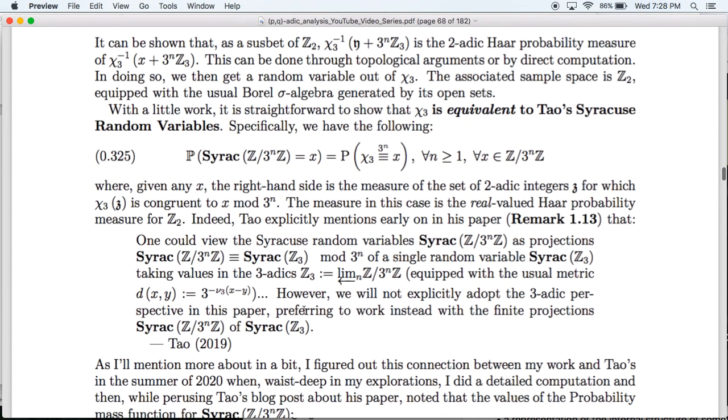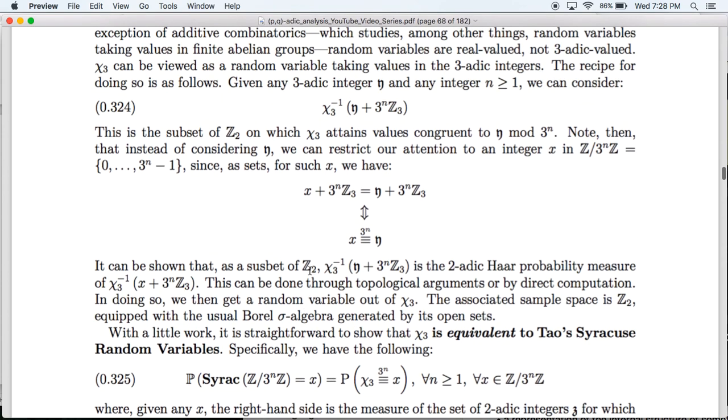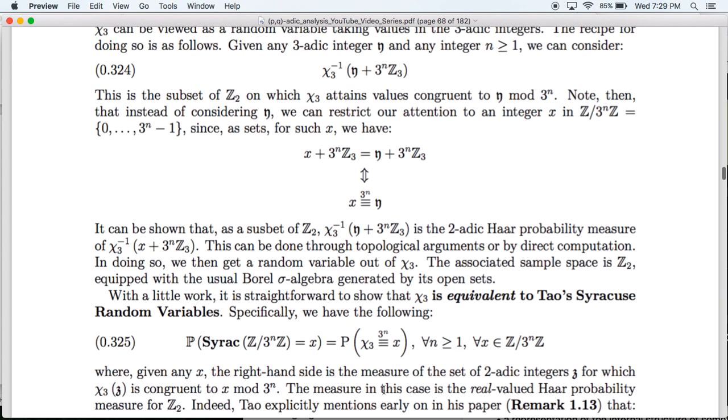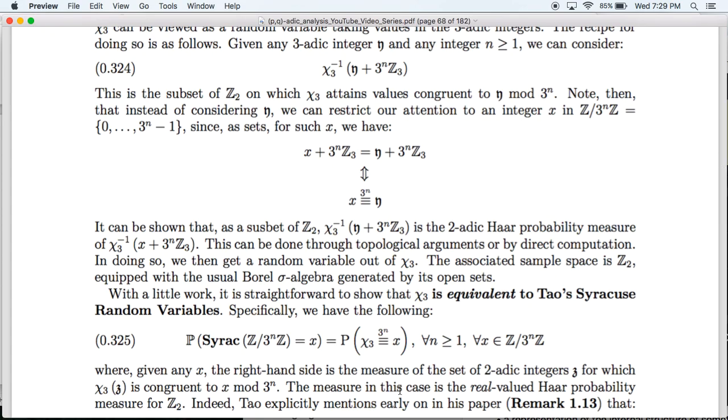So for chi3 here, we can think of the sample space as the usual Borel sigma algebra generated by the open sets of Z2, with the measurable sets being the Haar measurable sets. And again, we can think of chi3 at individual points, but we can also treat chi3 as a probabilistic object by asking for the measure of the sets on which it attains a certain range of values mod some power of 3.